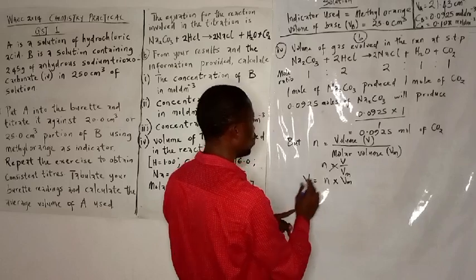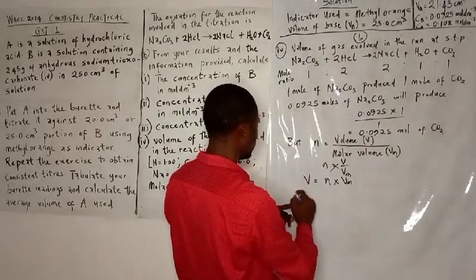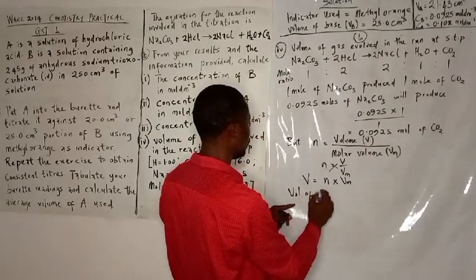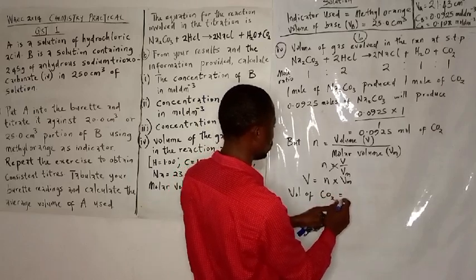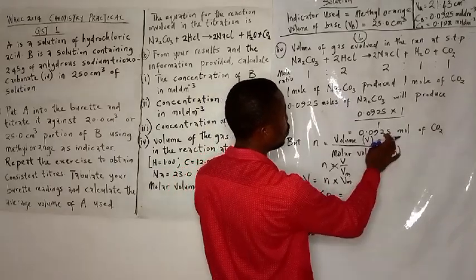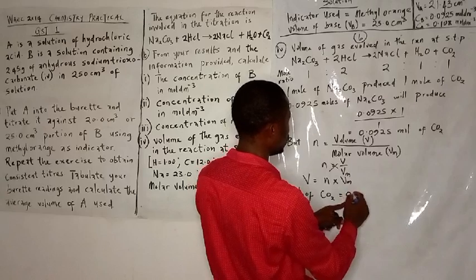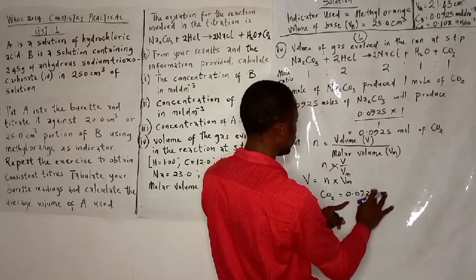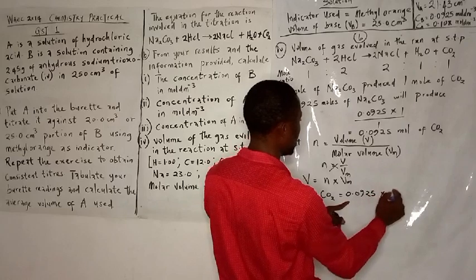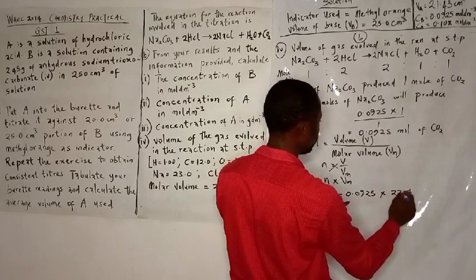So the volume of carbon 4 oxide liberated will be equal to the number of moles of carbon 4 oxide, which is 0.0925 moles, times 22.4.